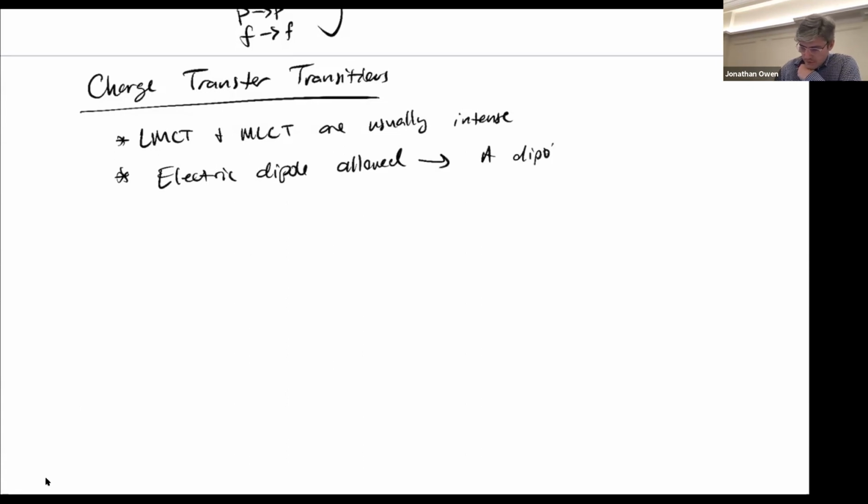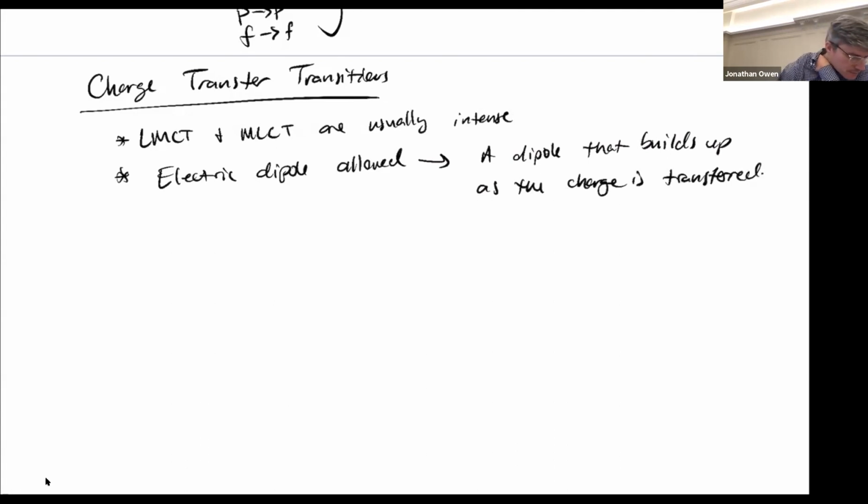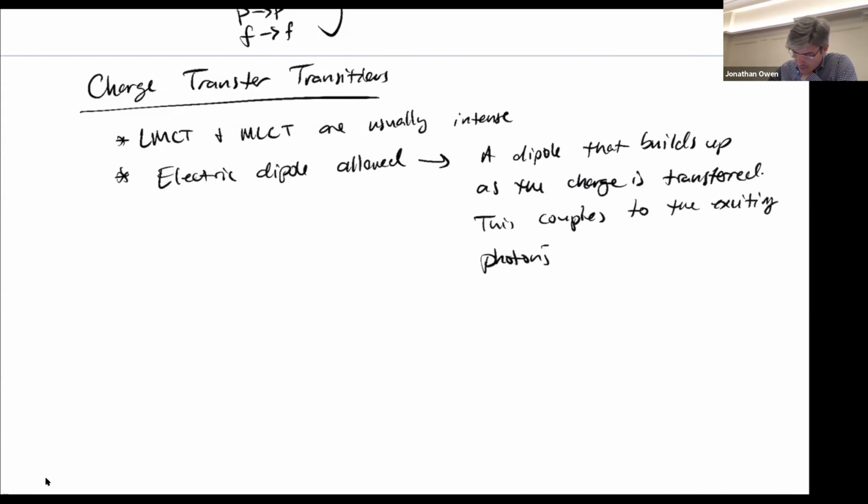There's a dipole that builds up as the charge is transferred. And this couples to the exciting photon's electric field.